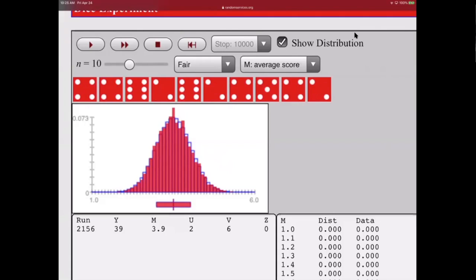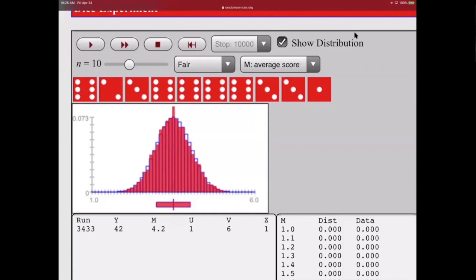But if you roll 10 dice, like I'm doing here, and work with the average roll, you get all kinds of averages. But the averages themselves, while the dice don't have a normal distribution, the average roll has a normal distribution. And again, that's the importance of the normal distribution.